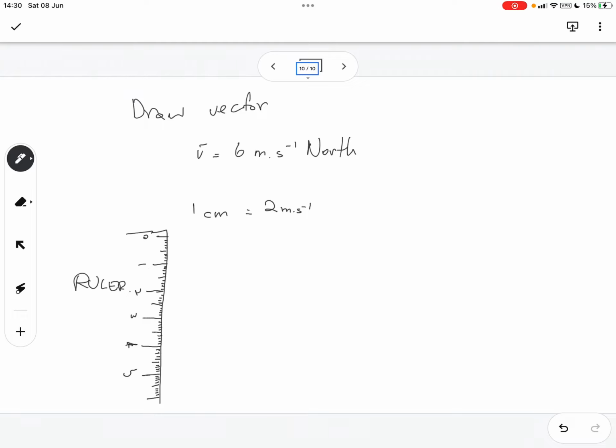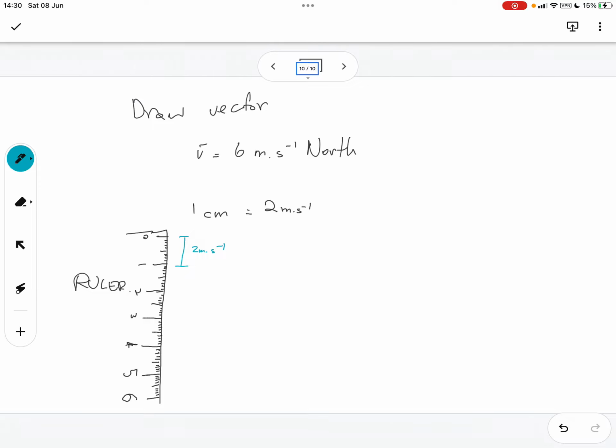Yes. Okay, cool. So this is our ruler. And our vector is 6 meters per second north. And this is 0, 1, 2, 3, 4, 5, and 6.